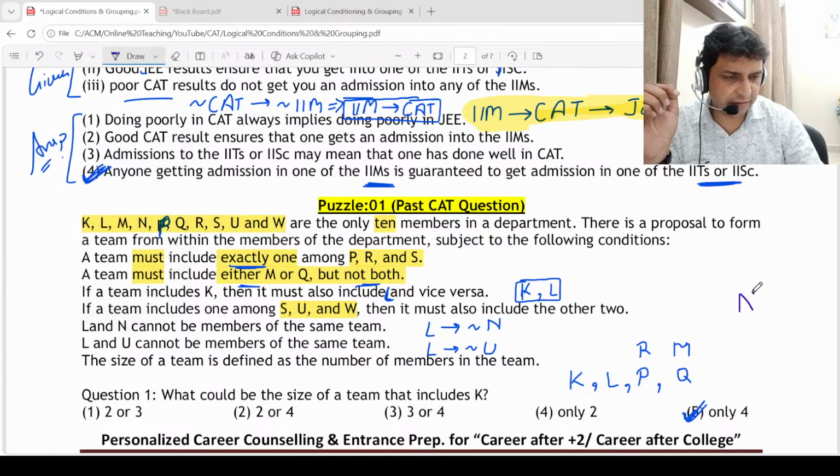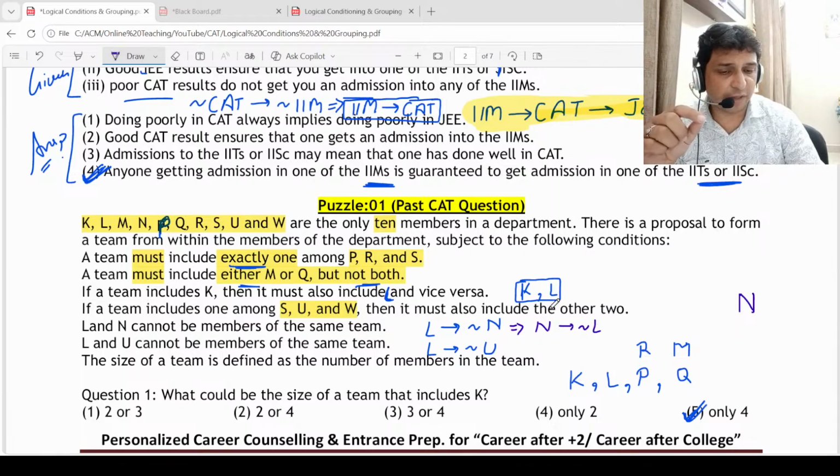N is there, 1. Now if N is there, L cannot be there because this condition says if N is there, then L will not be there. And if L will not be there, then K will not be there. So K and L, they both will not be a part of this team.